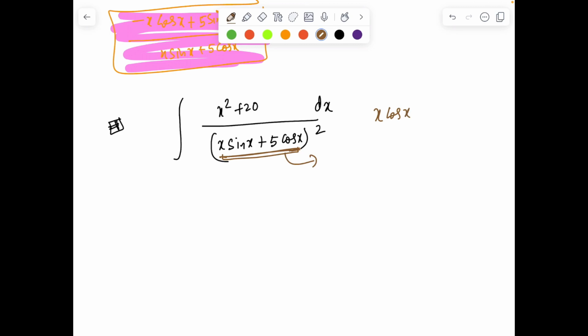So its derivative is going to be x cos x plus sin x and minus 5 sin x. So we are getting the derivative of x cos x minus 4 sin x into the picture, right?